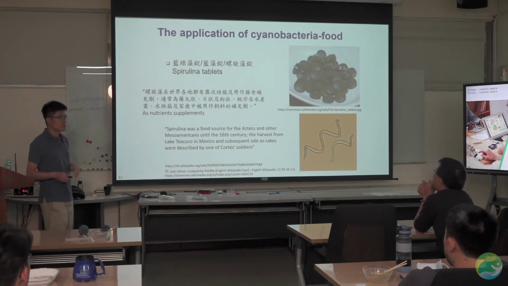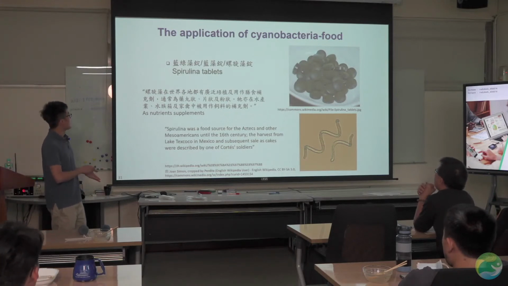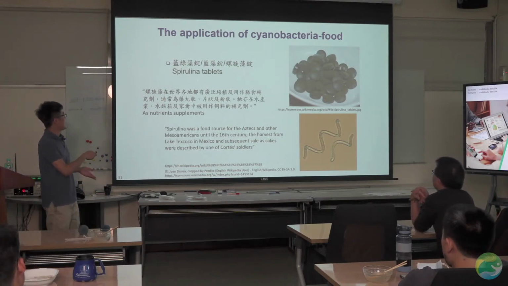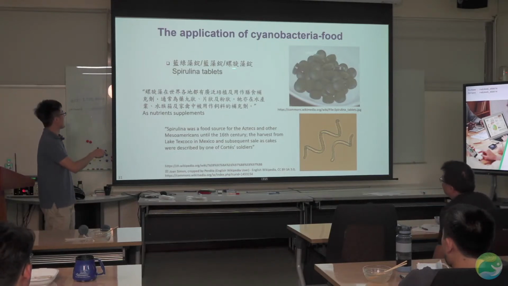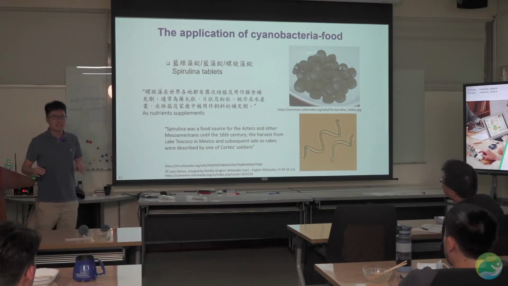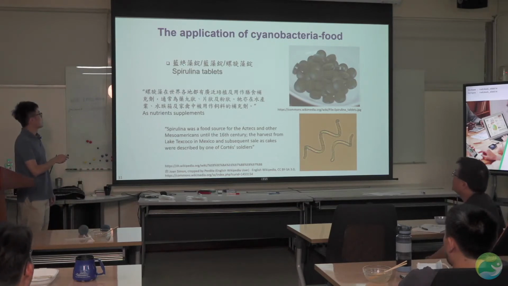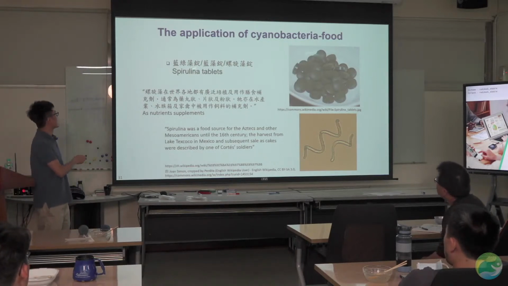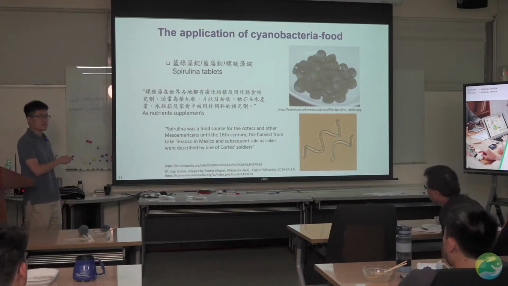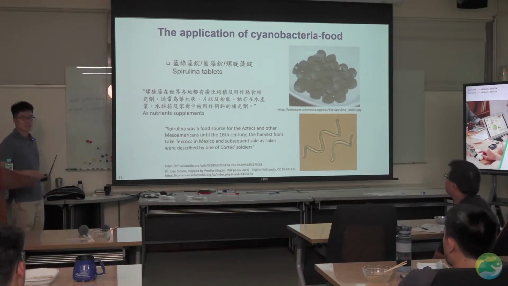As I mentioned earlier, this is a very famous cyanobacteria that we can eat. It's called Spirulina, 螺旋藻. And the interesting thing here is that although they call it 蓝绿藻, 蓝藻, 螺旋藻, they are not, I want to express that again, they are not algae, they are not 藻, they are bacteria.